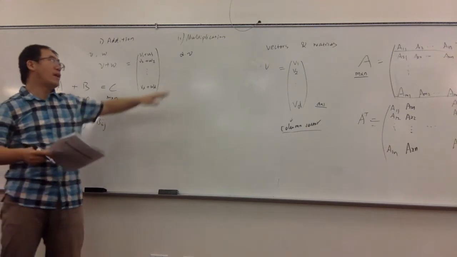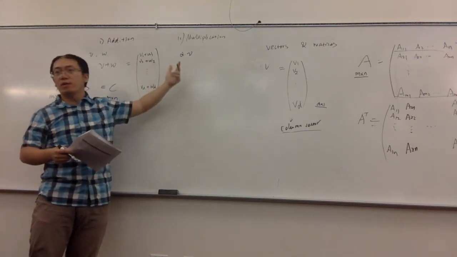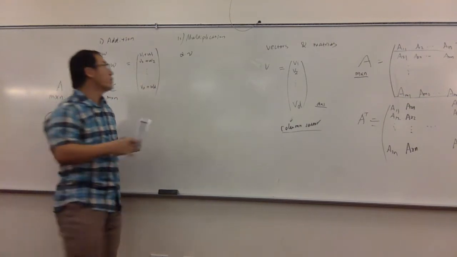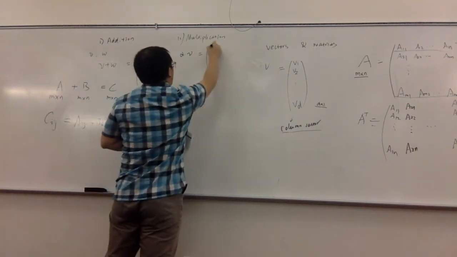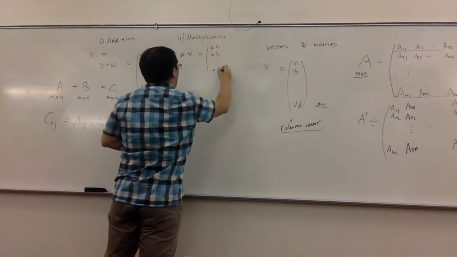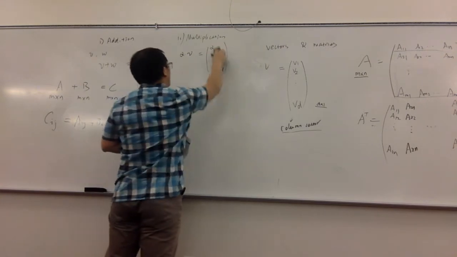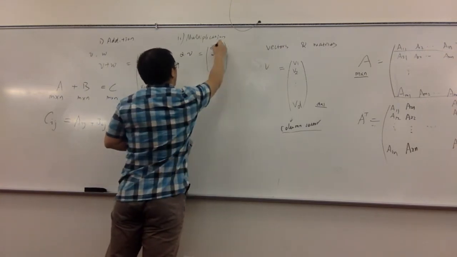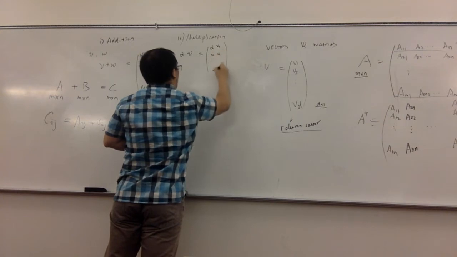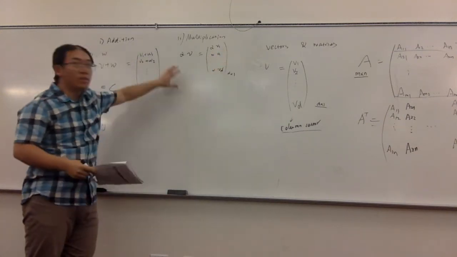You just multiply alpha into each element in V. So you will end up with another d-dimensional vector: alpha V1, alpha V2, alpha Vd.